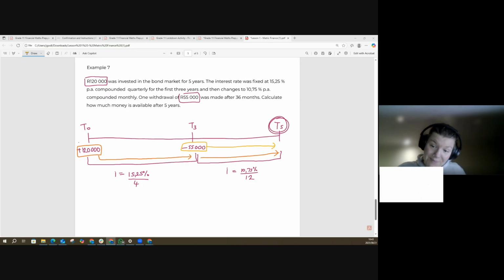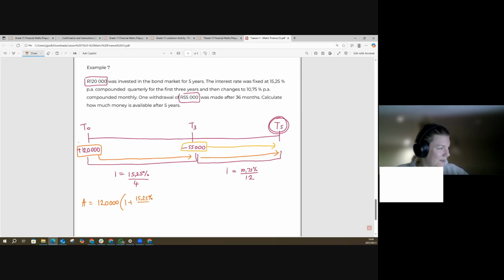Uyanda, I get that exact same answer. So our journey of 120 is the 15.25% compounded quarterly, and that's for 3 years. So it's going to be to the power of 12. And then at our next interest rate, compounded monthly, and that's for 2 years.